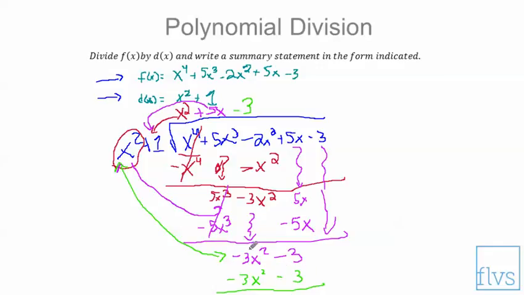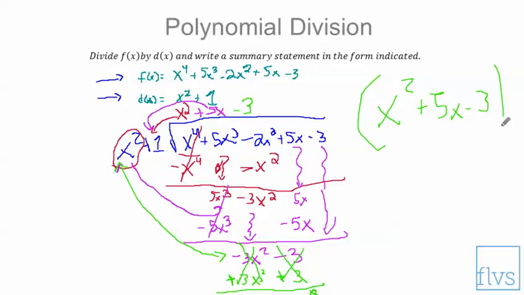But remember, you are subtracting, so really you're adding, so it's going to make that one go away. In this case, at negative 3, you're adding 3, and that also will make it go away to become 0, meaning no remainder. So you end up with an answer of x squared plus 5x minus 3. That is what it divided out into.